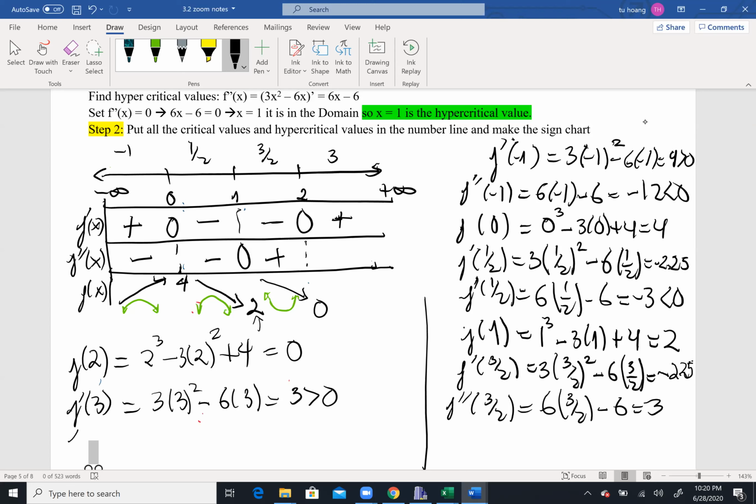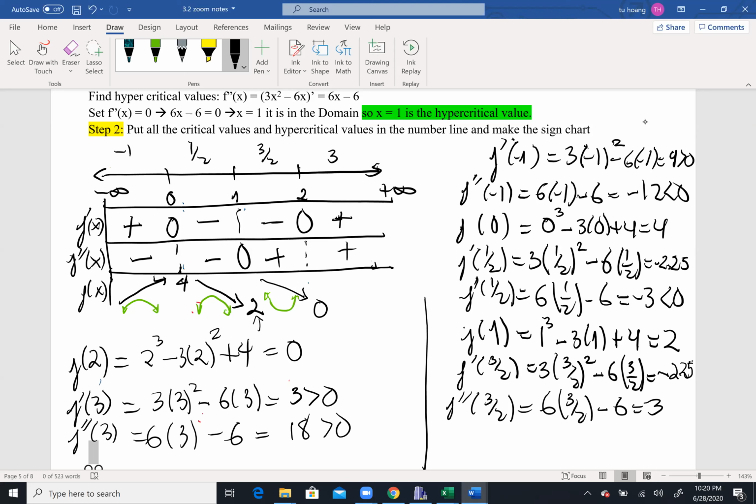And another one is f''(3). I will have 6 times 3 minus 6. And that will give me what? 24 minus 6 is 18. We also want 0.